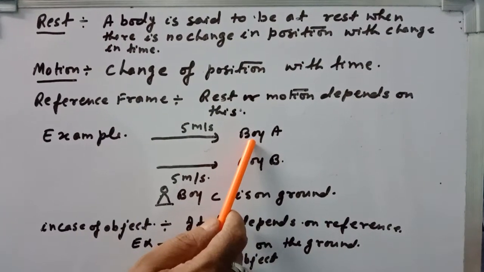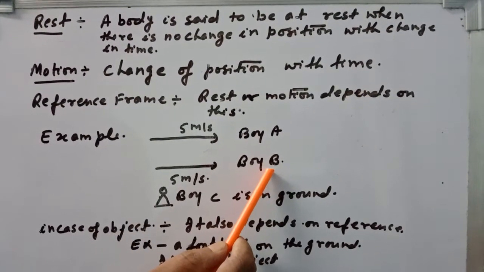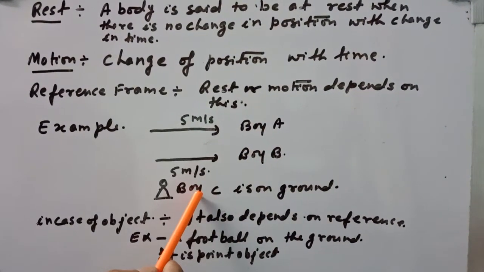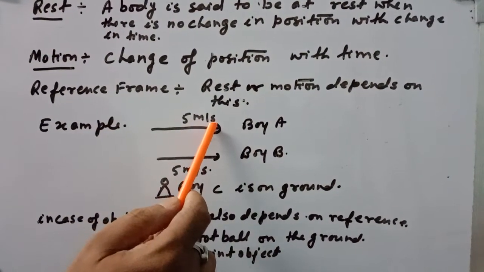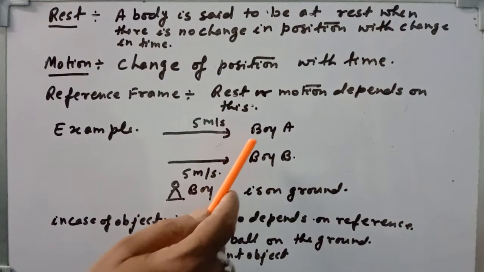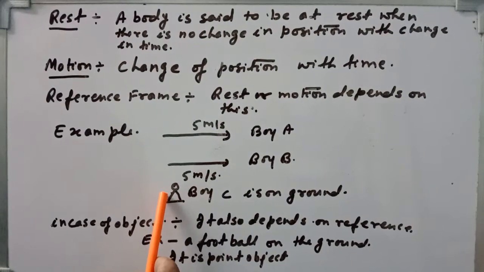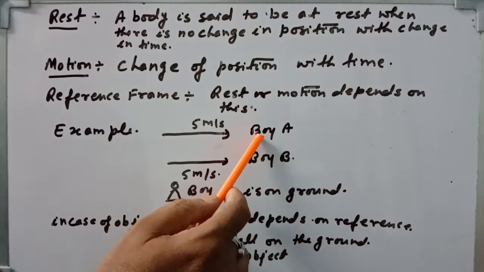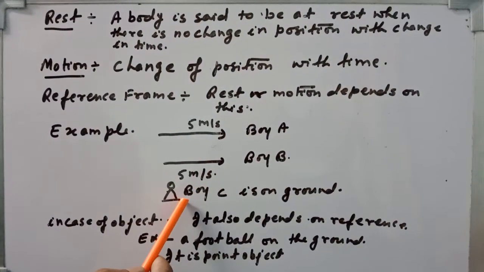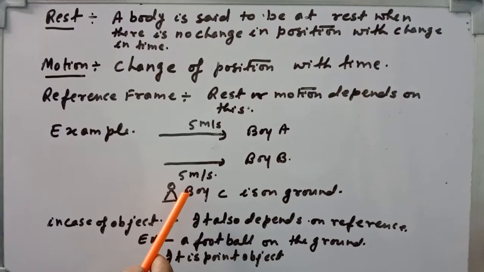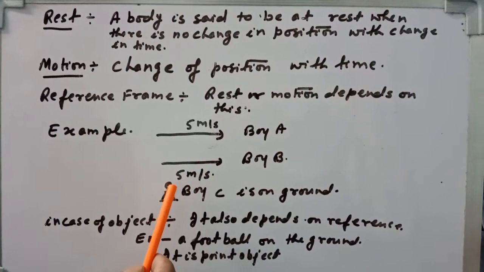Again, if boy A observes boy C, then boy C appears to move with respect to boy A with a speed of minus 5 meter per second, while he is actually at rest. But for boy A, he is in motion with a speed of minus 5 meter per second. So rest and motion are relative terms depending upon the reference frame.